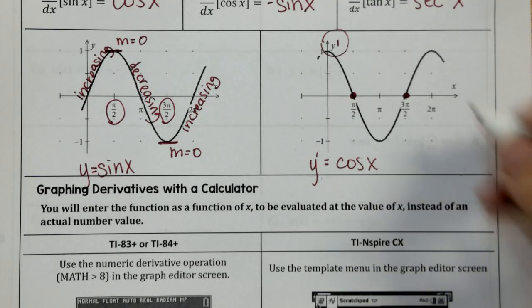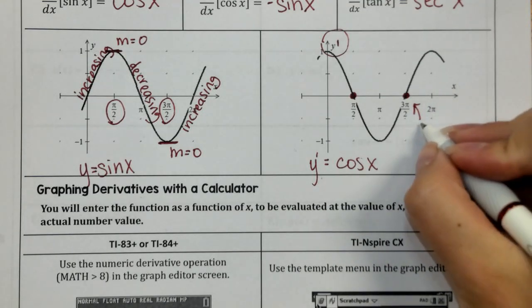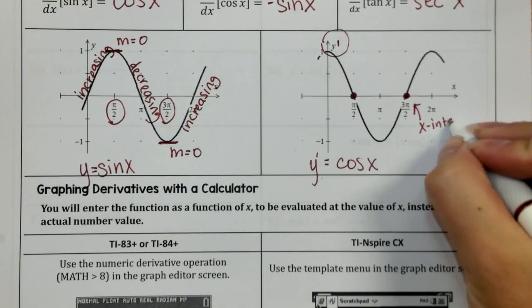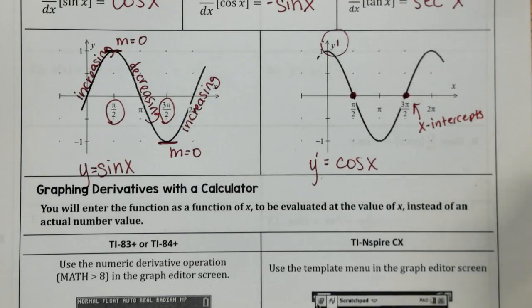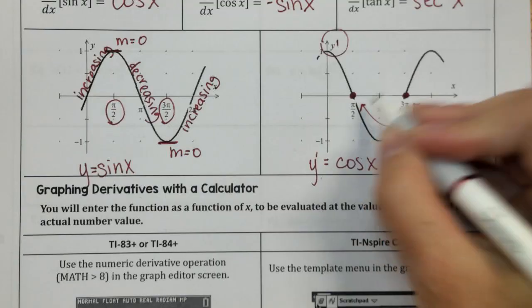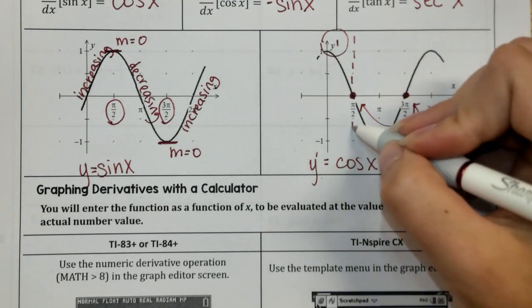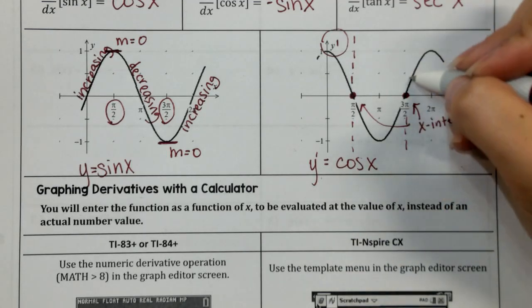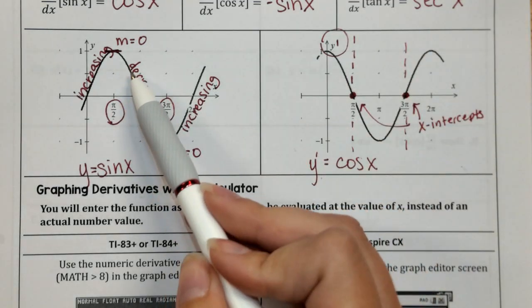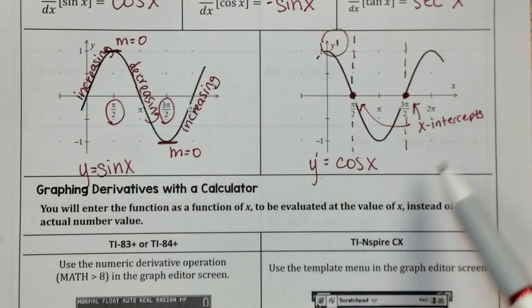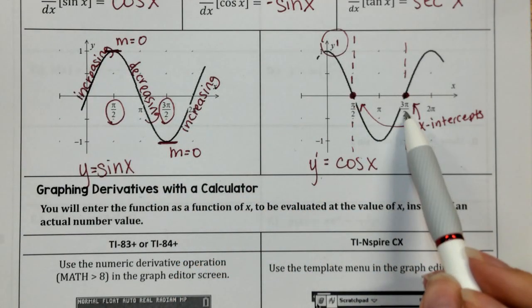Zeros. They're x-intercepts. Okay, 0 was not a bad answer. So my slope of the tangent line on this graph was 0. And so over here, those zeros formed x-intercepts.